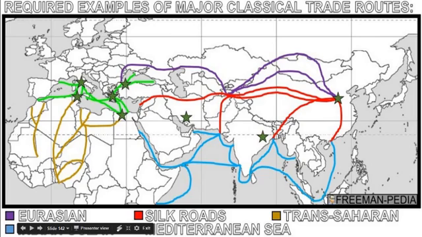So here we see Afro-Eurasia, and we see the different trade networks that start during time period 2, during the classical era. Now, of course, the most important ones include the Mediterranean trade network, dominated by the Romans and the Greeks before them, and the Phoenicians before them.